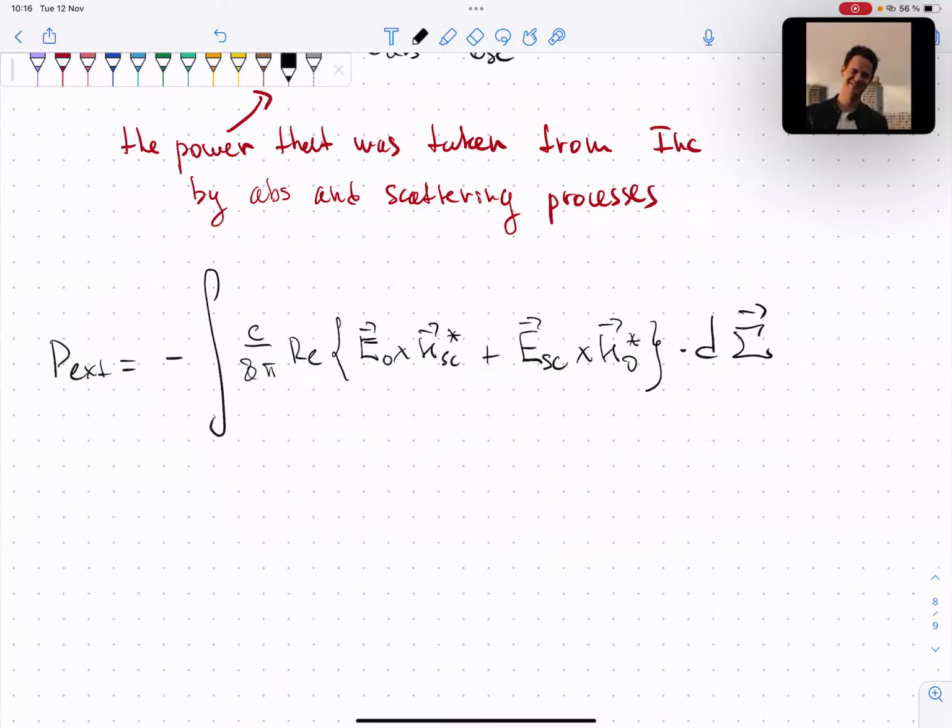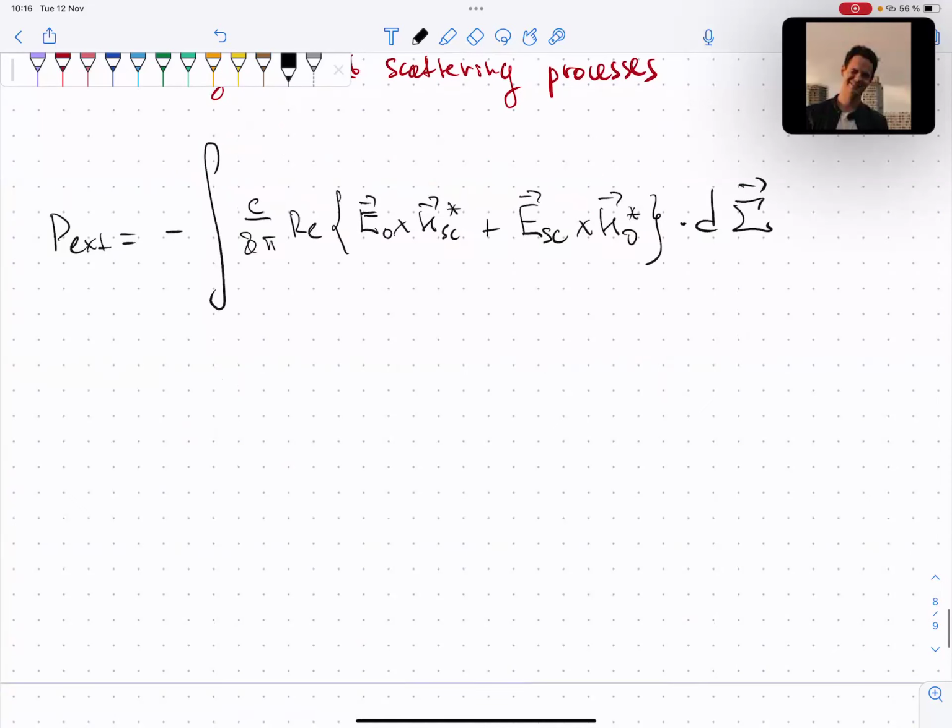But the physical meaning of the scattering cross sections is basically that all of these cross sections, scattering, absorption, and extinction, is the amount of power that was either scattered, absorbed, or both scattered and absorbed by our particle, normalized by the intensity of the plane wave.